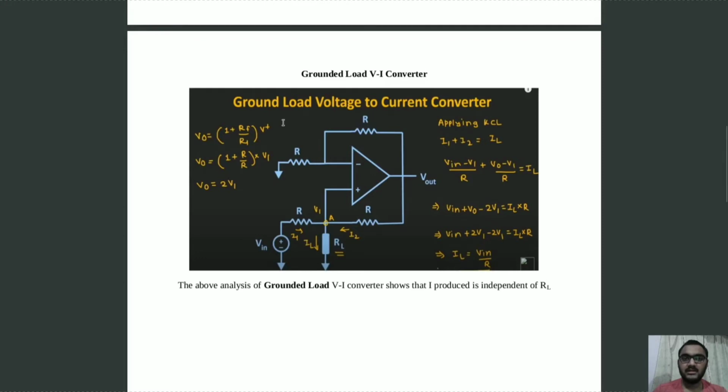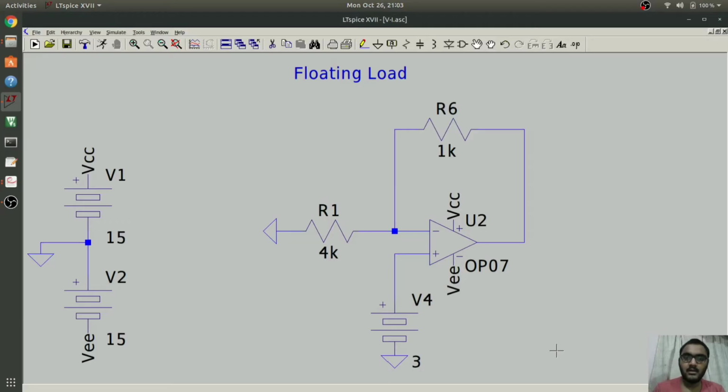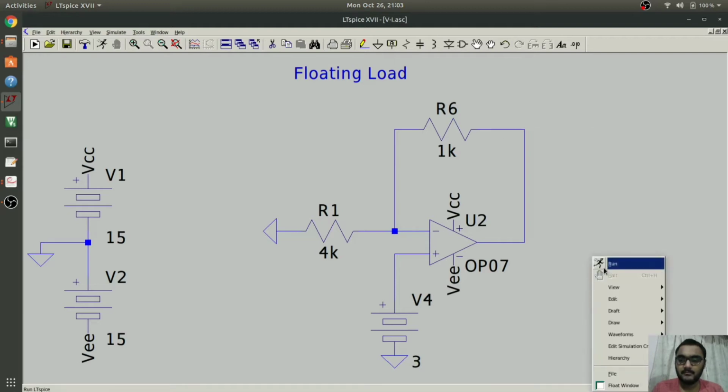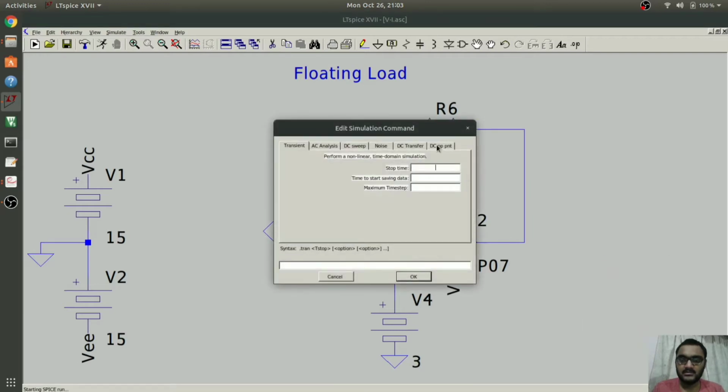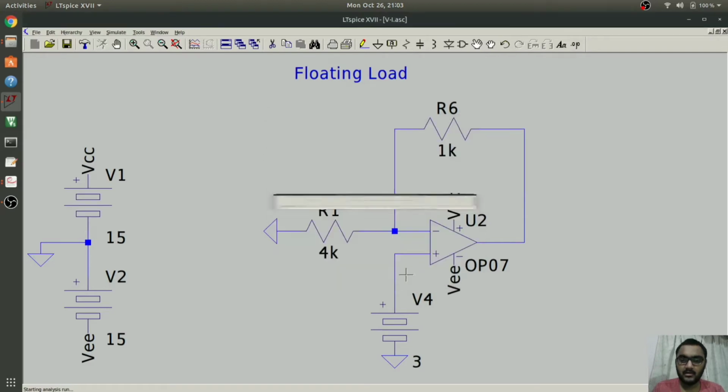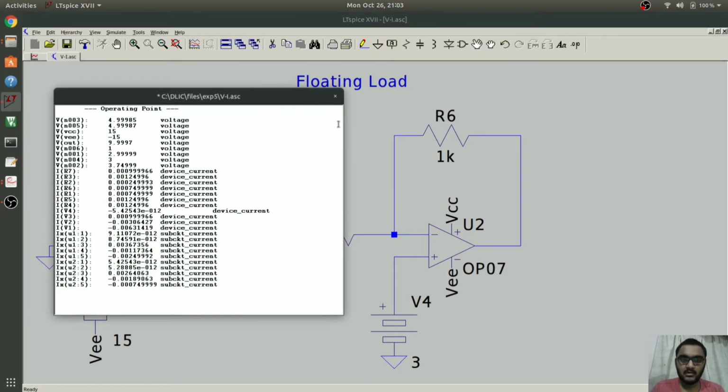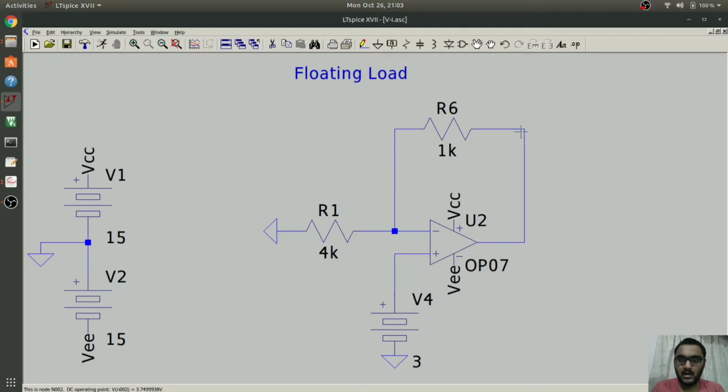Now let's draw the same circuits in our LTSpice window and see the simulation. I've already created the circuit for the floating load V2I converter. Now let's run our schematic. Select DC operating point and click OK. Close this window and click at this node.